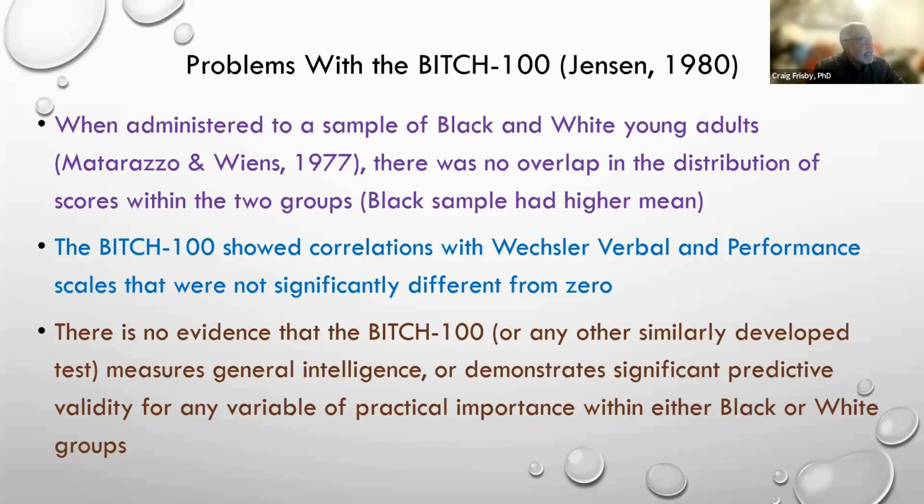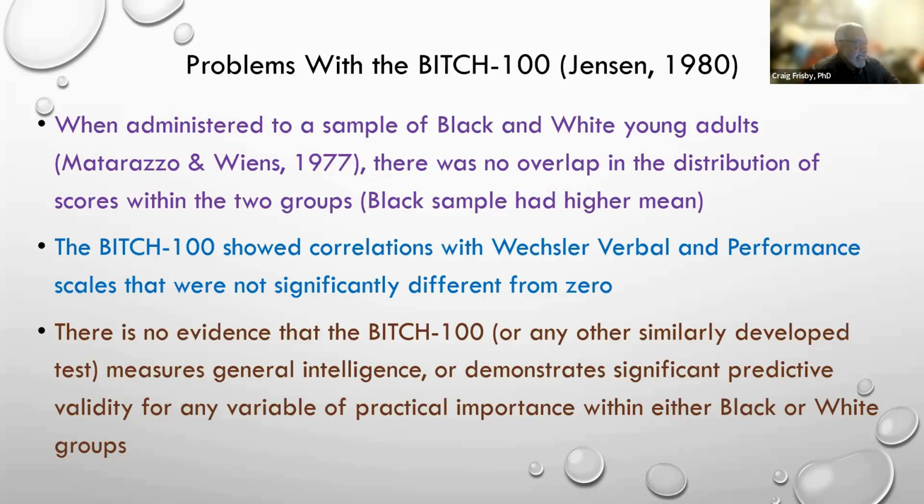And so his argument was that this validates his notion that regular IQ tests are biased because Black students weren't able to get high scores because they were trying to answer questions that were phrased in the vernacular of middle class white culture.